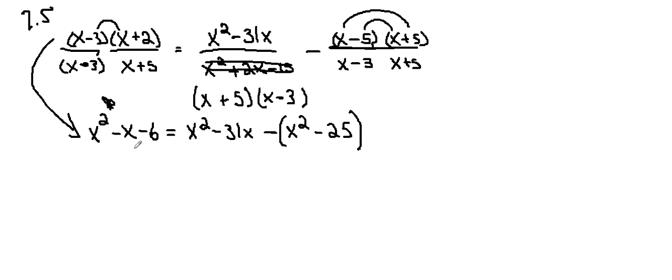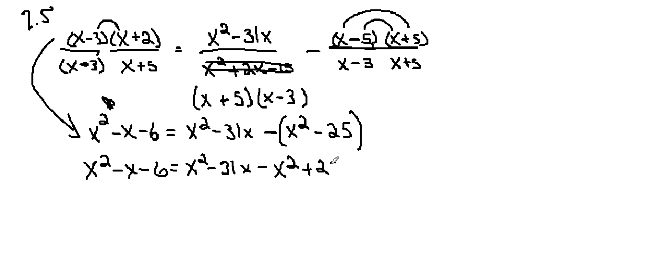Alright, so then I end up with this x squared. I'll just copy this down. x squared minus x minus 6. That equals x squared minus 31x. And then I'm going to distribute negative 1, which would be negative x squared plus 25. Okay, very good.